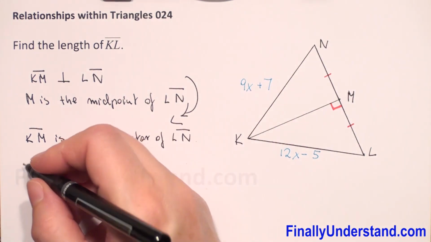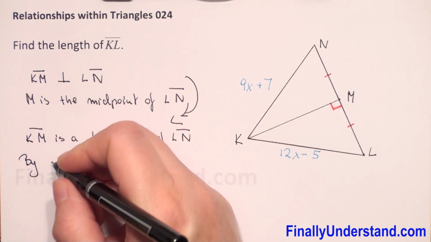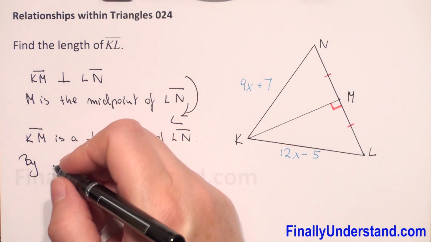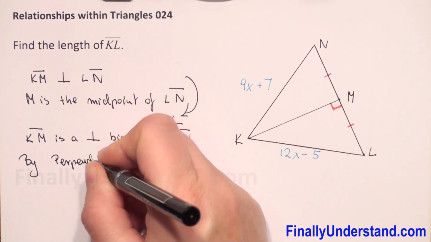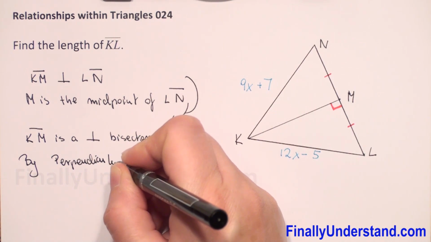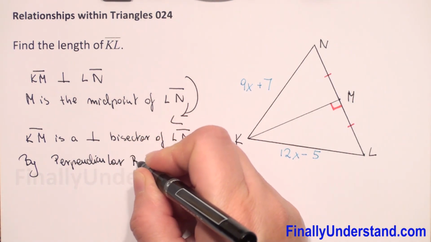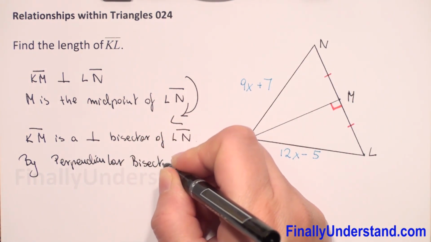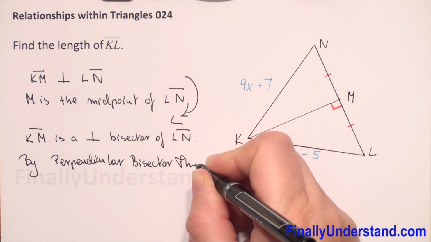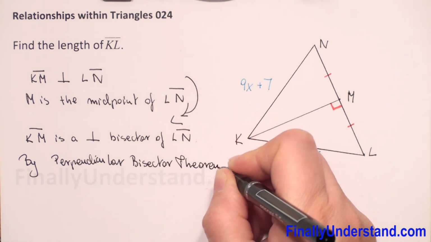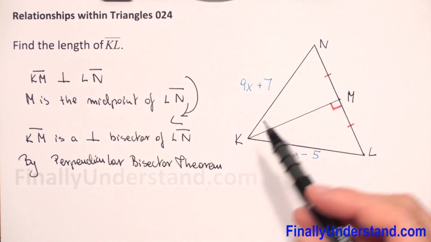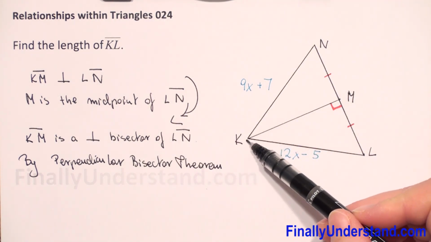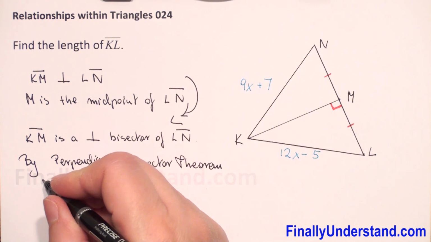So we can write that by the perpendicular bisector theorem, KL is equal to KN.